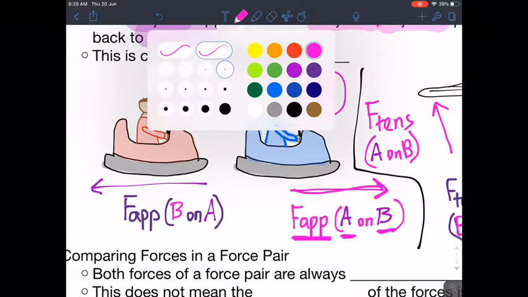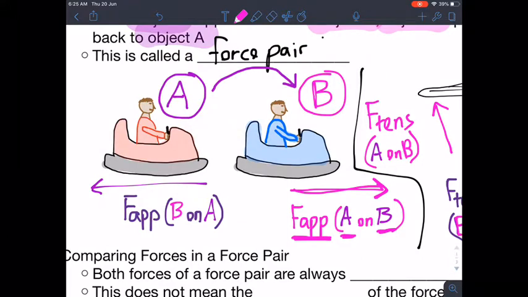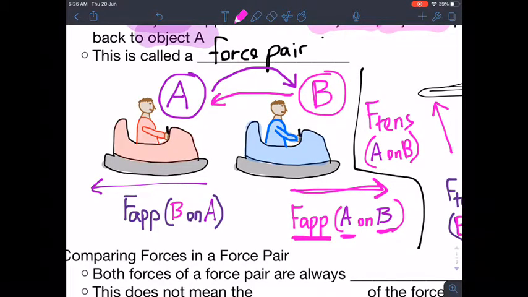The other side of this force pair is that when object A hits object B, object B also hits object A. If you've ever been in bumper cars, you've experienced this. When you run into your friend, you see them feel the impact. You know, their body gets knocked around.